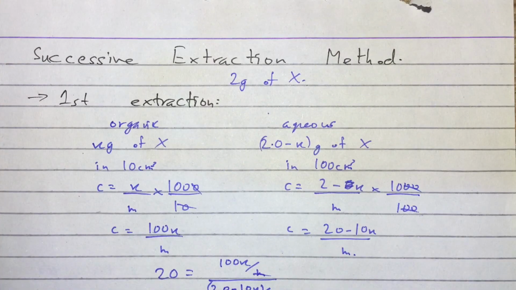Let's go over this again. What we do in the successive extraction method is, if it's a two-step extraction, two successive extractions, we use half the volume of the organic solvent and extract the dye into it first.